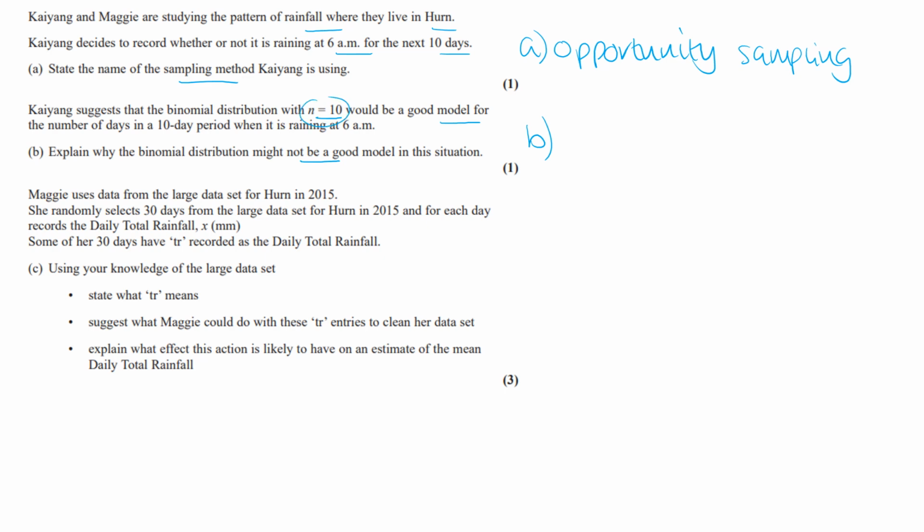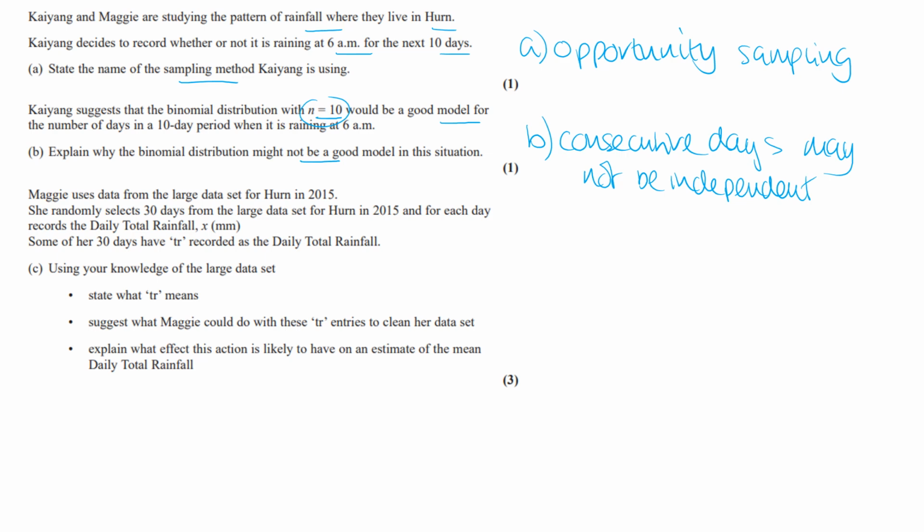But what's wrong here is that consecutive days might not be independent. So let's just write this. Consecutive days may not be independent. So the rain, the current rain on one day is going to have an effect on the rain on the next day.